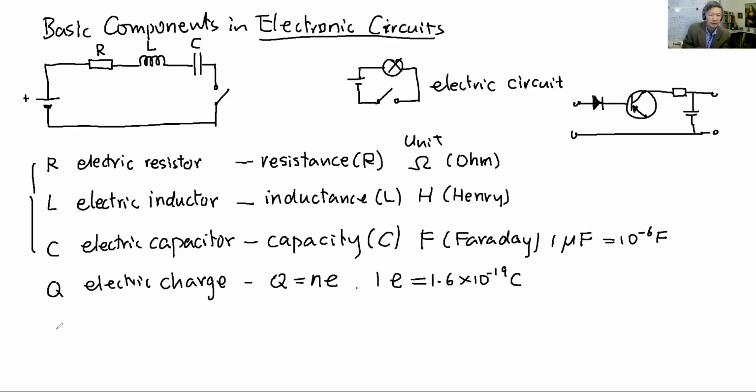Now, how about current? These are the quantities, the time-dependent variables. In Ohm's law, we have learned about electrical current. The notation for electric current is I. Because we want to differentiate from the other notation here, do we use L or I?